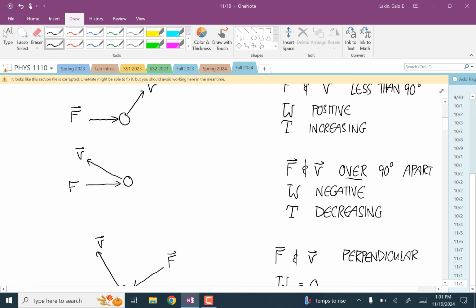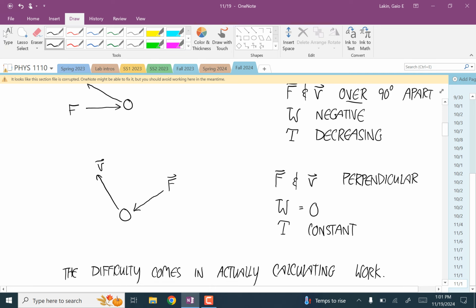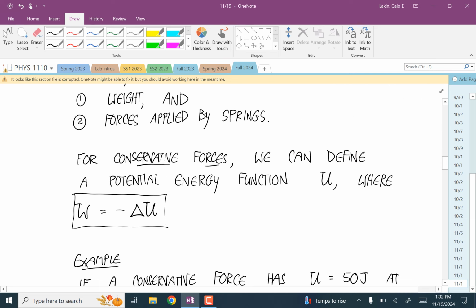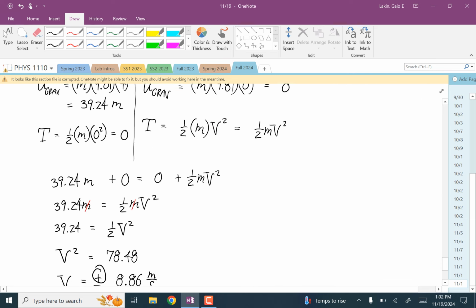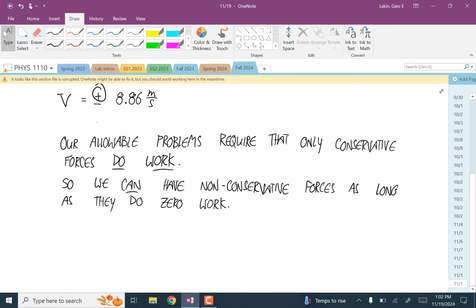When they're more than 90 degrees apart, work is negative. But when the velocity and the force are perpendicular to each other, the work is 0. Okay? And so the work is 0 when the force and the velocity are always perpendicular.